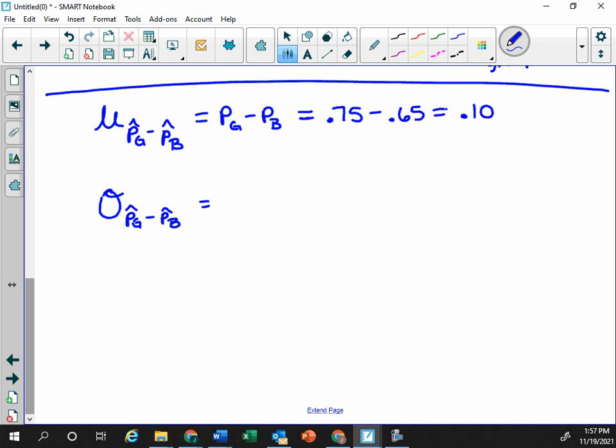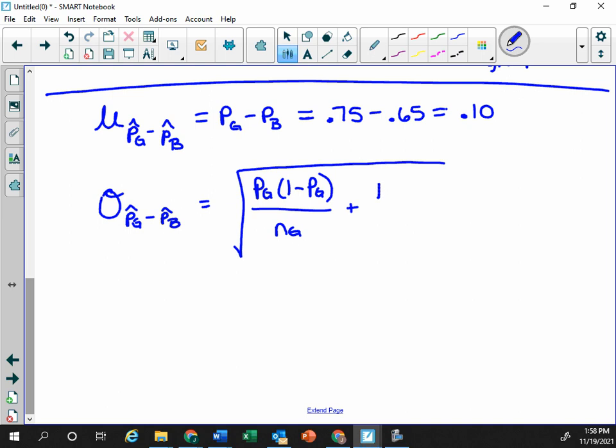All right, so let me write the formula for you again. It's a nice, large formula. P sub g times 1 minus p sub g all over n sub g. So you've got that whole thing like we were doing before with our proportions for the girls. And then we add to it p sub b times 1 minus p sub b, all over n sub b.